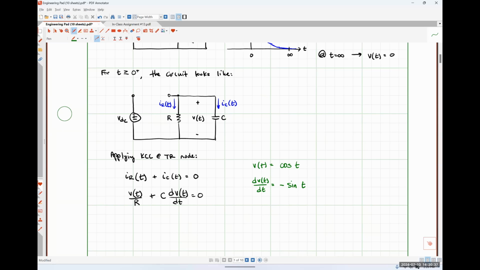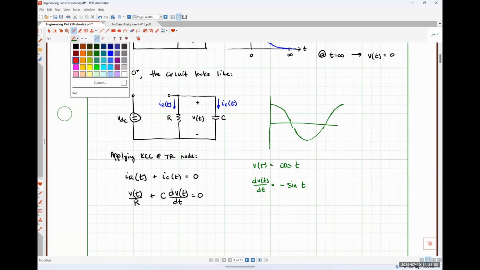I would argue that it pretty much will never equal 0 because cosine and sine are 90 degrees out of phase with each other. If I were to plot cosine, it would look something like this, and if I were to plot sine, it would look something like this.